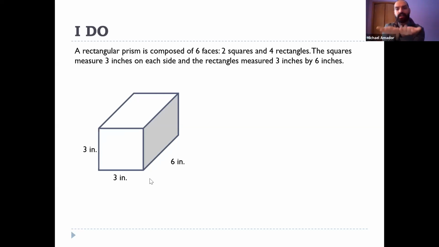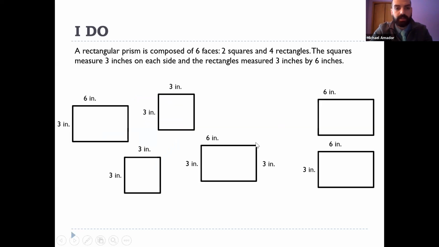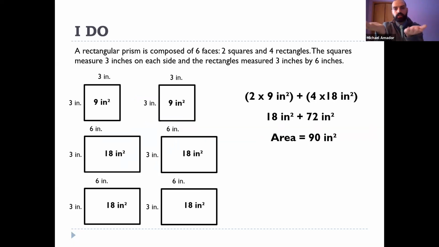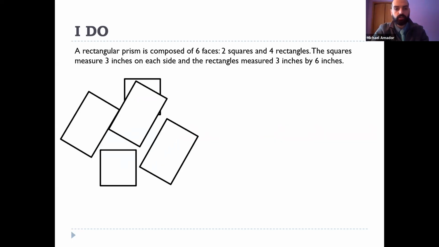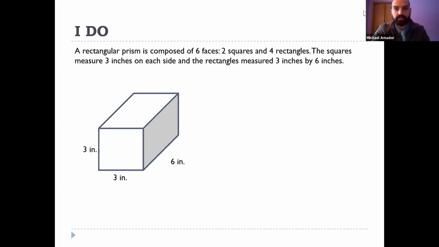Nets are those flattened out 2-dimensional versions of a 3D figure. So what we just did was take the 2D faces and put them all together so that we can now have a 3D representation. Using this 3D representation, we can find the volume of our prism.